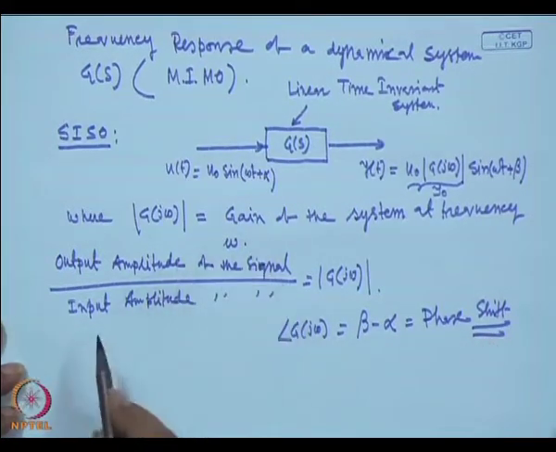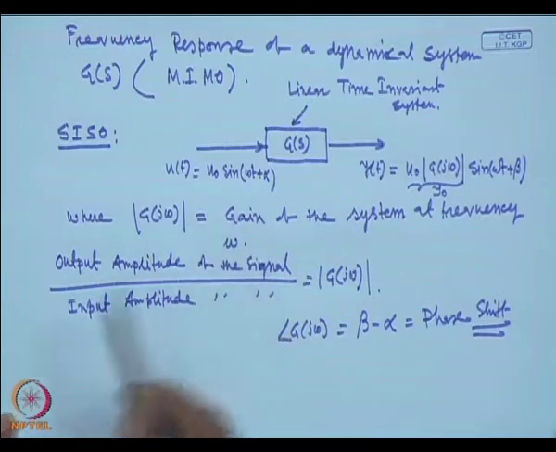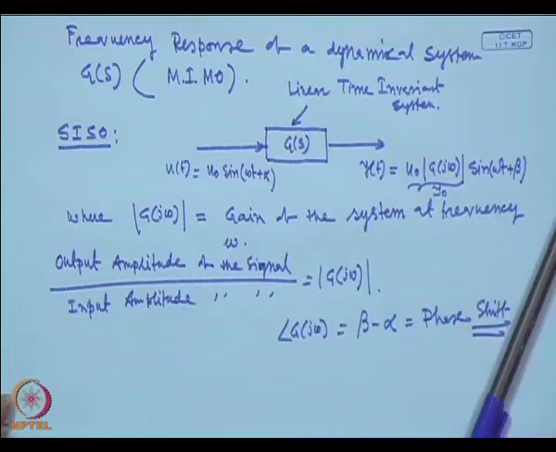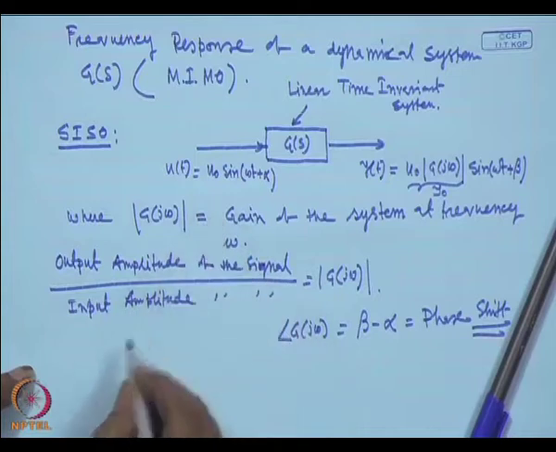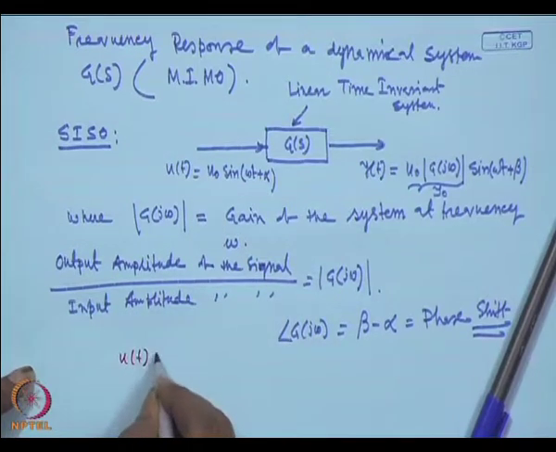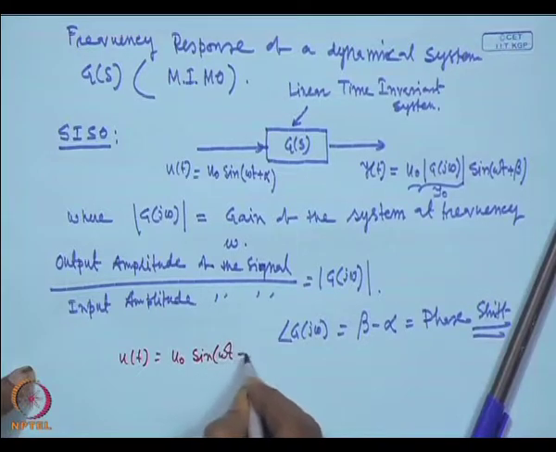Now, how will you see? We know the phasor quantity. If you represent it, I can say it is something like this. This is u(t) = u0 sin(ωt + α).